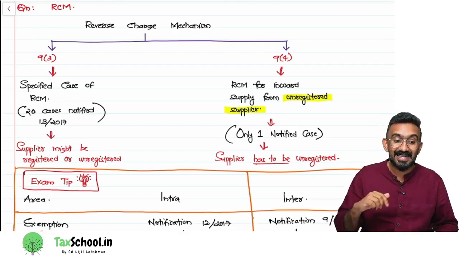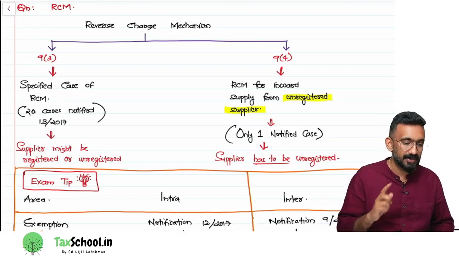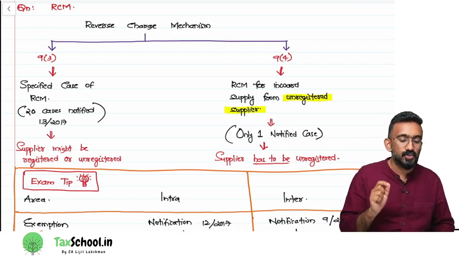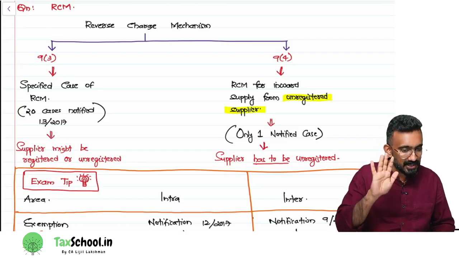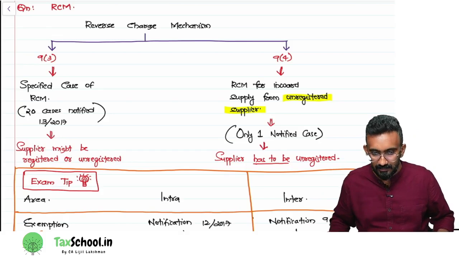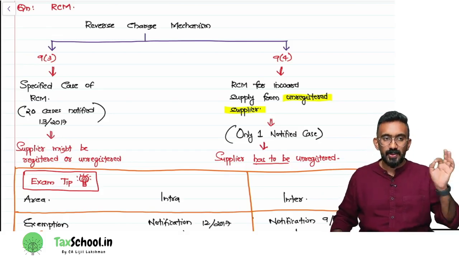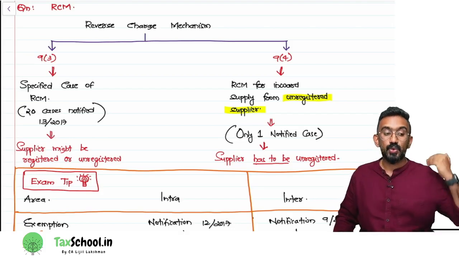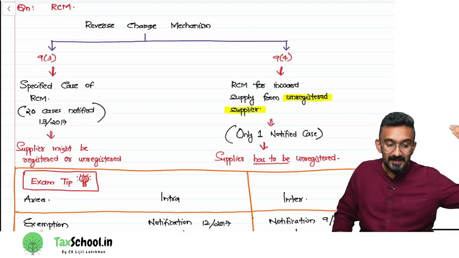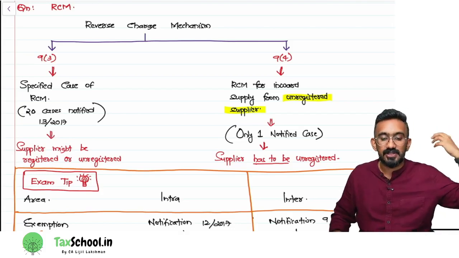Sometimes it will be a little more easy to get it from the recipient. Those are the cases which will be notified under reverse charge mechanism. This is your fundamental understanding. What is RCM? Cases where it is easy to get taxes from recipient, government notifies and asks the recipient to pay taxes instead of supplier paying taxes.